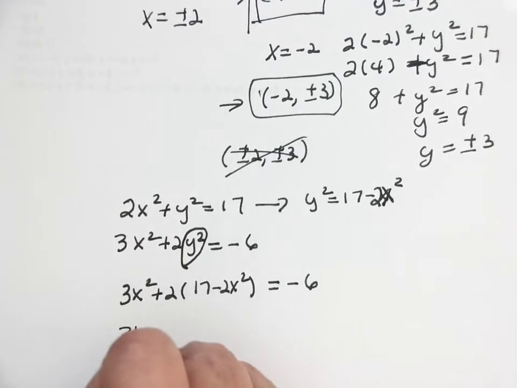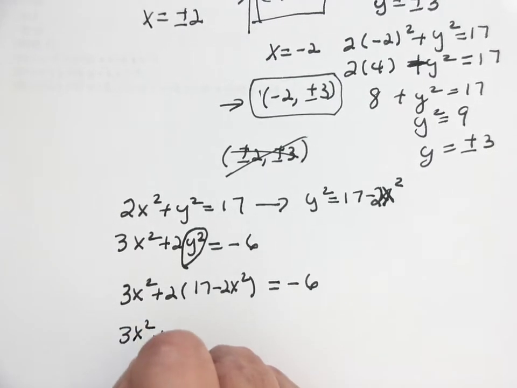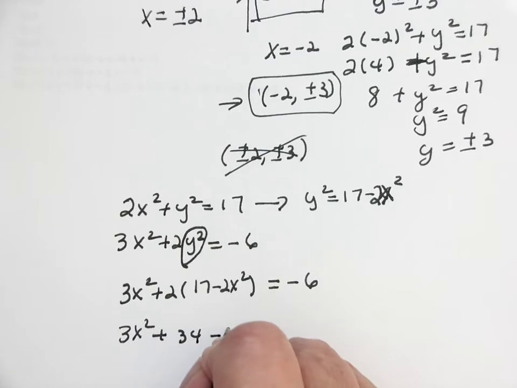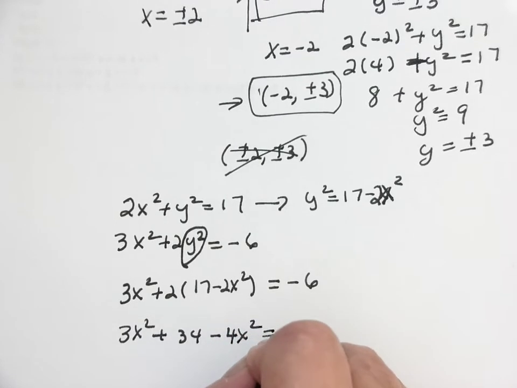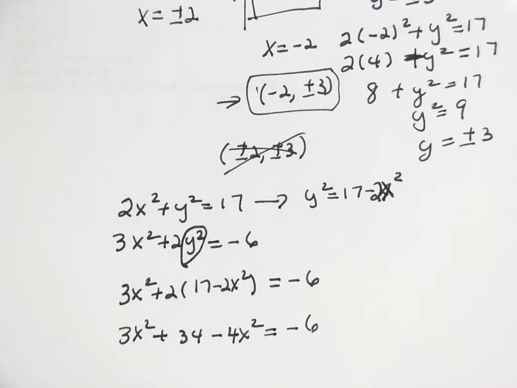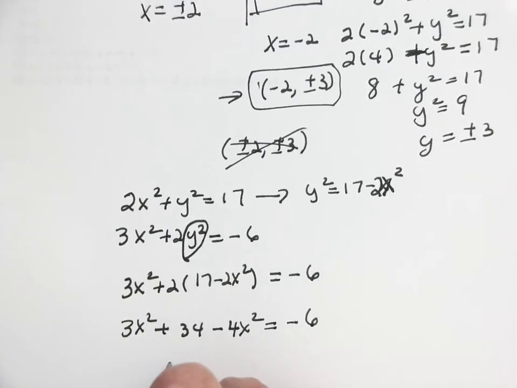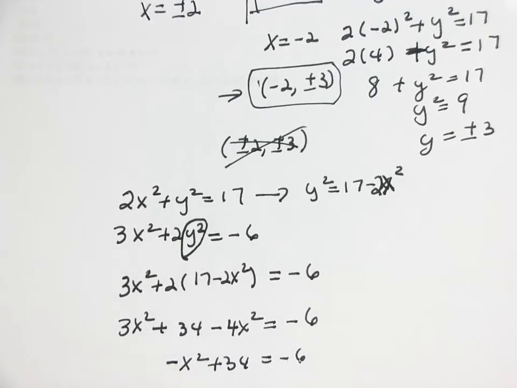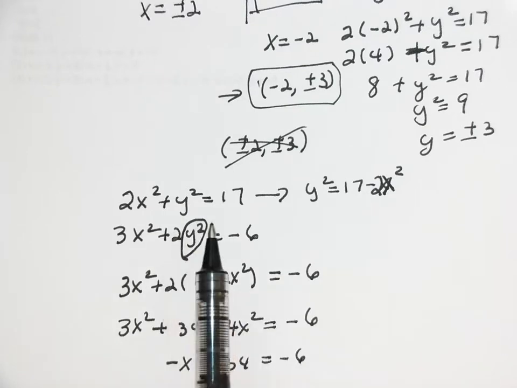because this then says 3x squared plus, as you can see, it's a little bit more cumbersome, 34 minus 4x squared equals negative 6. Minus x squared plus 34 equals negative 6. Now I've got a sign there.